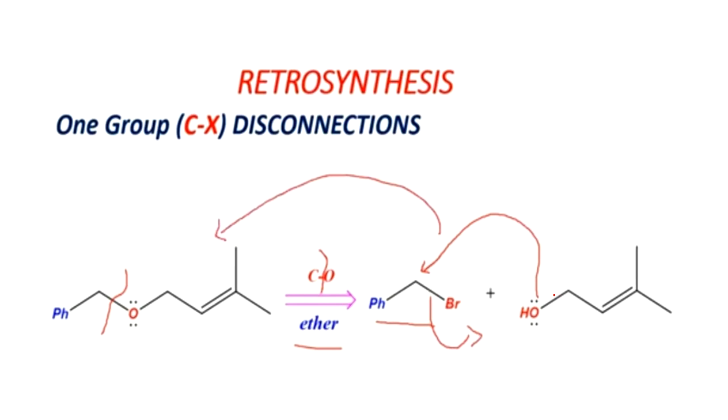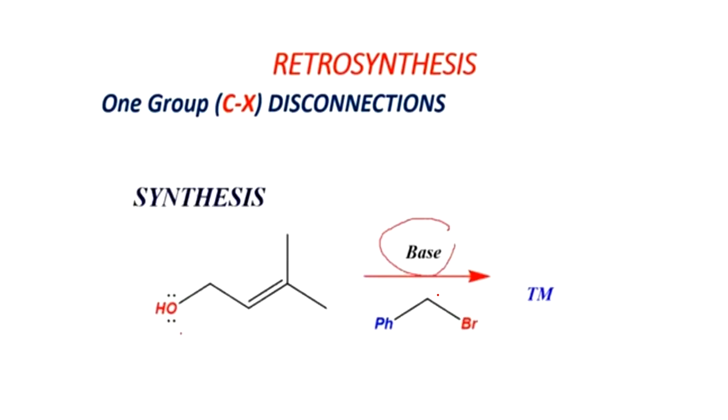After disconnection, look at how the lone pair could attack and this bromine group will be removed. Here is a synthesis of the given compound. So the given compound could be synthesized like this. This lone pair of electrons could attack the given compound. The base could abstract the hydrogen atom from the OH group.